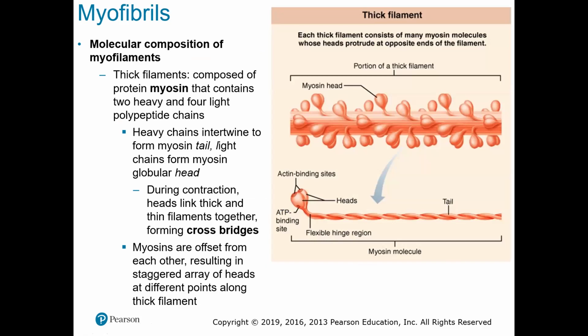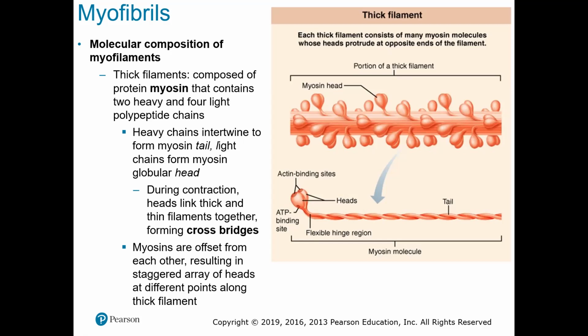Myosin, the thick filament, is made up of myosin molecules. Each myosin molecule has 2 strands of protein wrapped around each other to form a tail and 2 heads. It looks sort of like a golf club, if you will, the way it's laid out. Each myosin molecule joins about 300 other myosin molecules to make a thick filament.